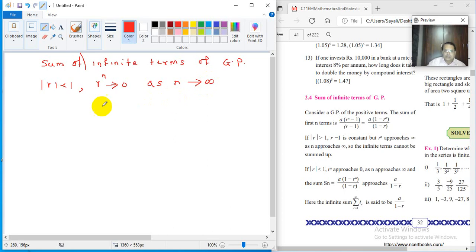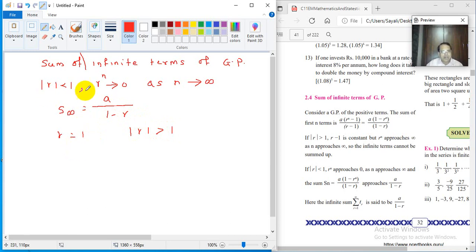Then in that case, S infinity will be just a upon 1 minus r. So this is the sum of infinitely many terms. When r is equal to 1 or when mod r is greater than 1, then it is infinite, or minus infinite, depending on what r is and what the terms are.